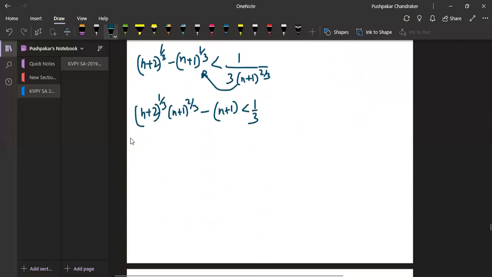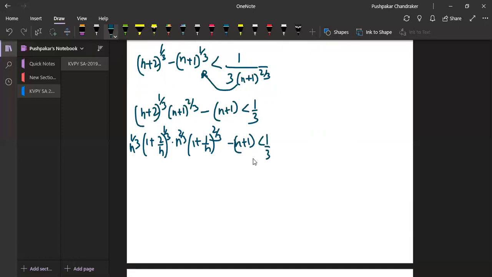From here n can be taken out. If you take n out, you get n power 1 by 3 into 1 plus 2 by n whole power 1 by 3. Here you take n power 2 by 3 out. You get 1 plus 1 by n whole power 2 by 3. I have taken n out from both factors. Minus n plus 1 less than 1 by 3.